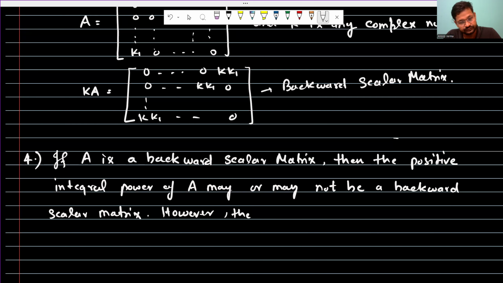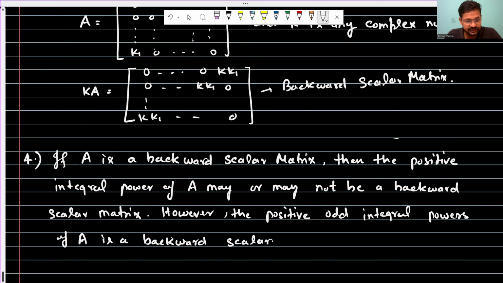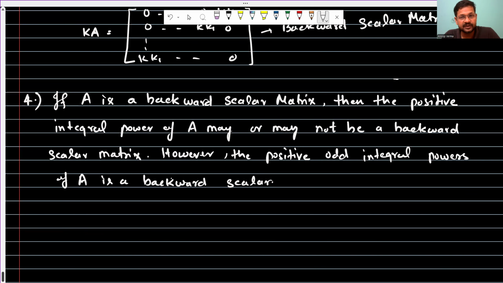However, the positive odd integral power of A is a backward scalar matrix. Okay, तो this is a very important result कि जब हमारे पास A is a backward scalar matrix, then the positive integral power of A may or may not be a backward scalar matrix. However, the positive odd integral powers of A is a backward scalar matrix. अगर odd integral power है तो that will be a backward scalar matrix. Okay.